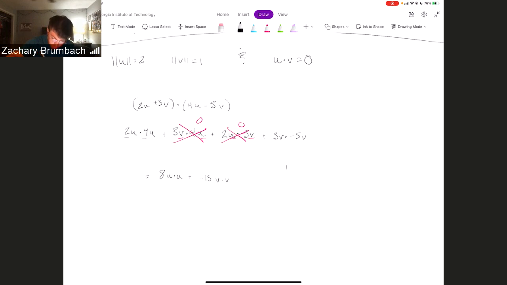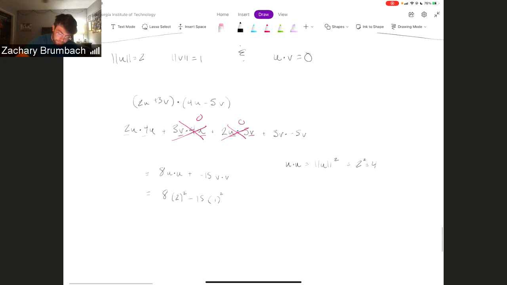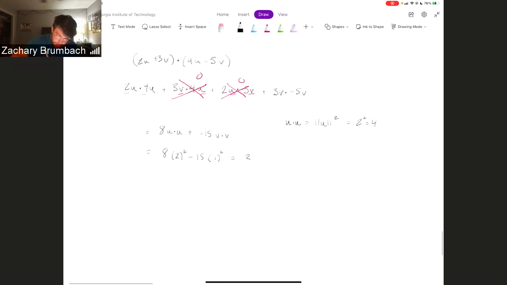And we know that u dot u is equal to the magnitude of u squared, which is equal to 2 squared, which is equal to 4. Okay, so what does this give us? It gives us 8 times 2 squared minus 15 times 1 squared, because that is the magnitude of v. And this gives us 32 minus 15, which is equal to 17.